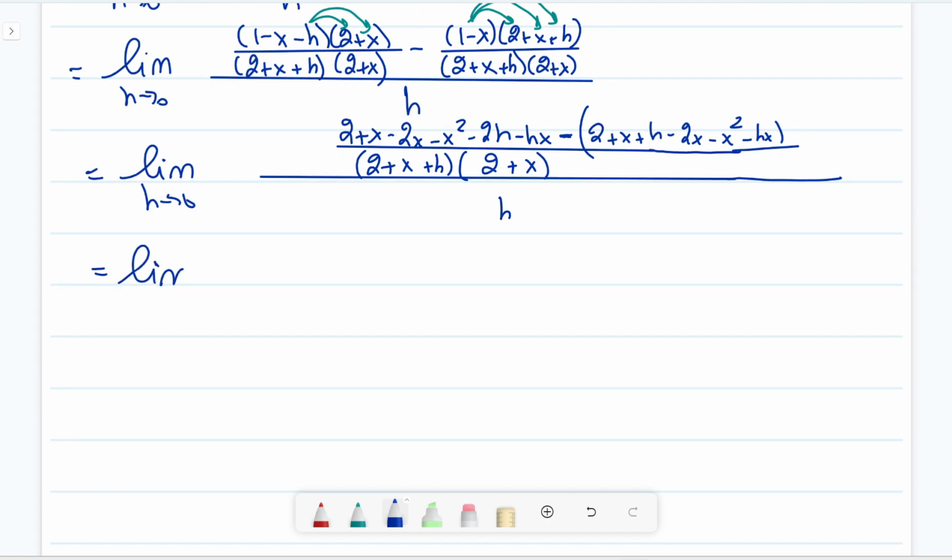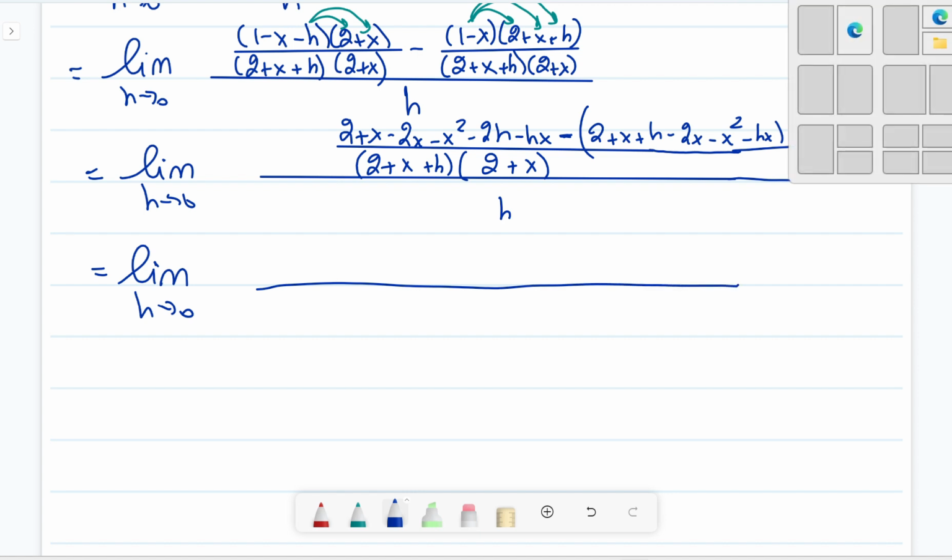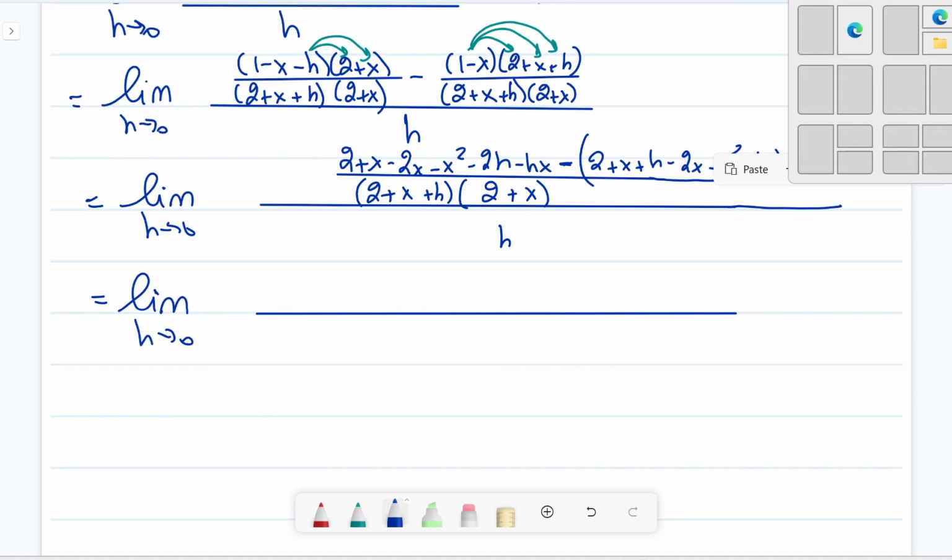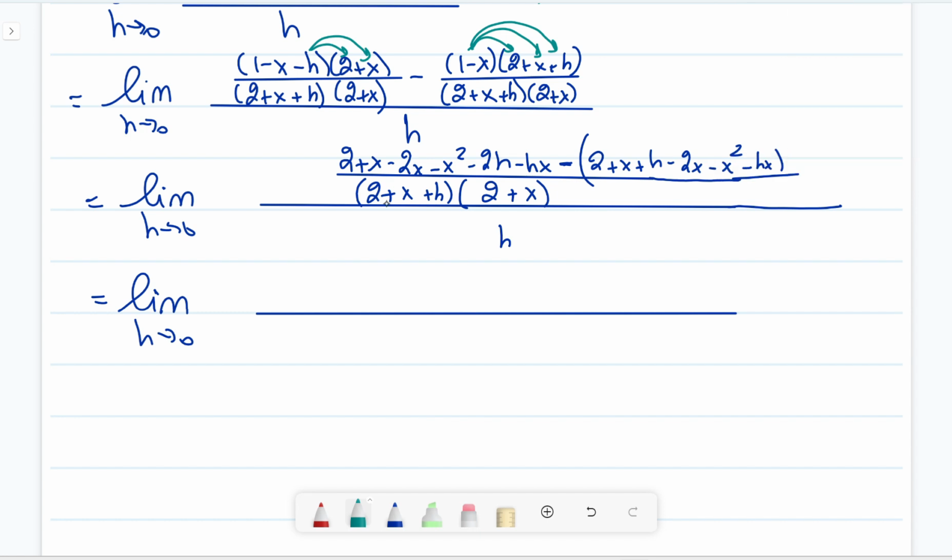Now let's rewrite this fraction in a better way. In fact, this denominator, we can write it down below next to the h. So let's write in the denominator h times 2 plus x plus h times 2 plus x.